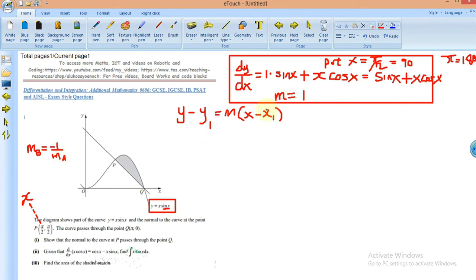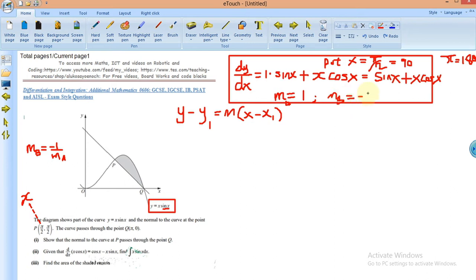Let me call this one MA, so MB will just be minus 1 over 1, which is minus 1.